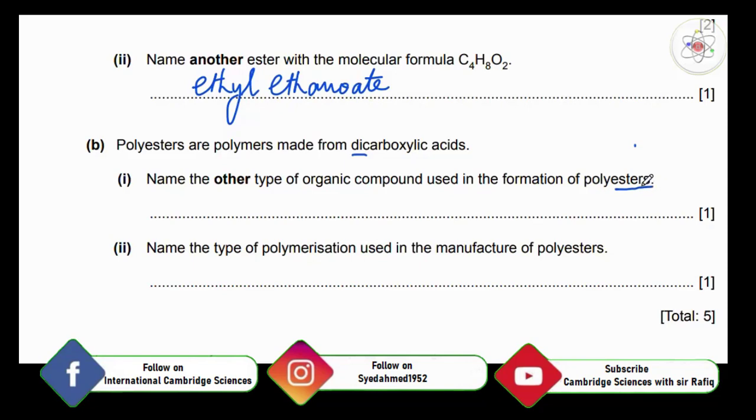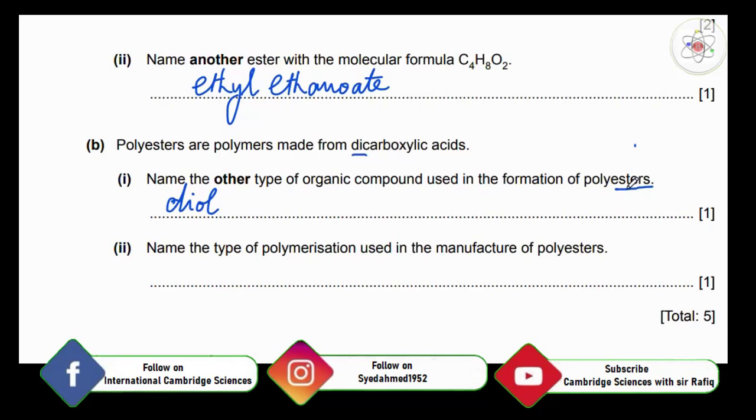So there should be diol or dialcohols, or you can say the alcohol molecules which have 2 hydroxyl groups, hydroxyl at one end and hydroxyl at the other end. So diols are the second organic compound, which can react with dicarboxylic acid to form polyesters.